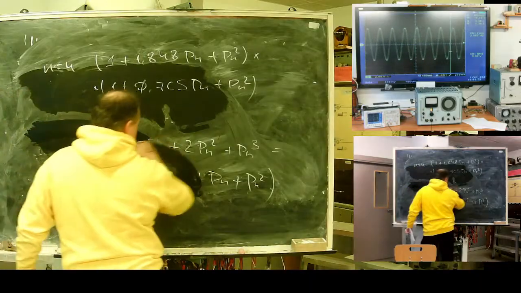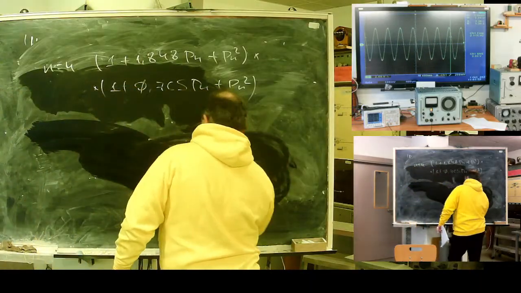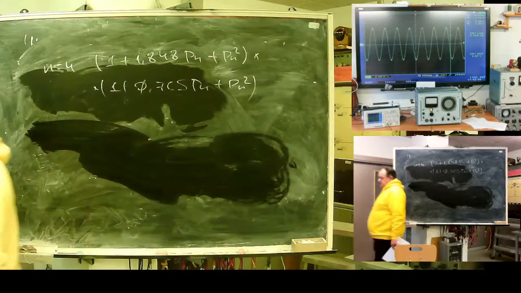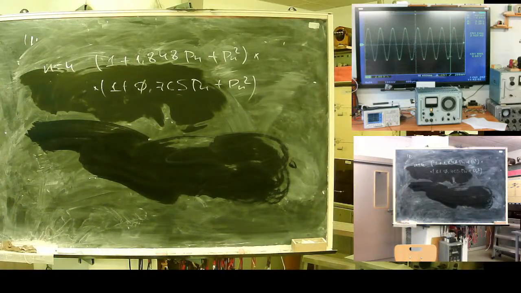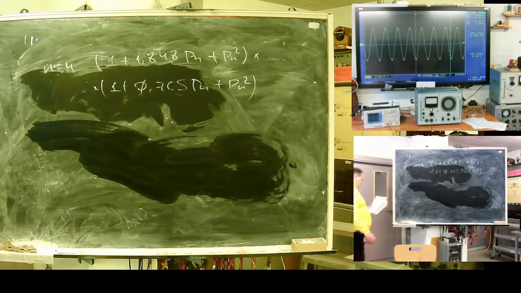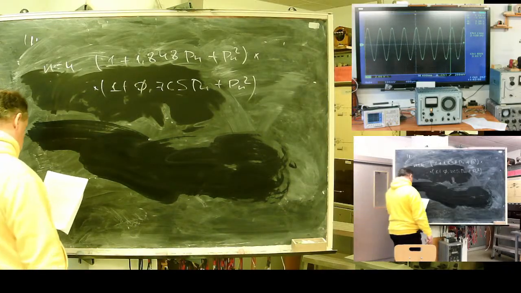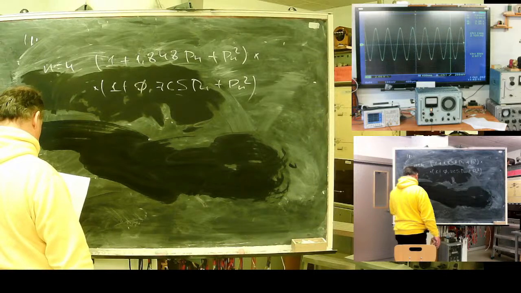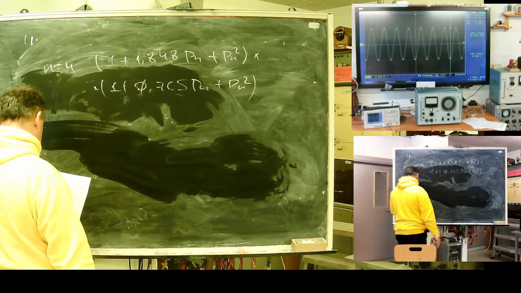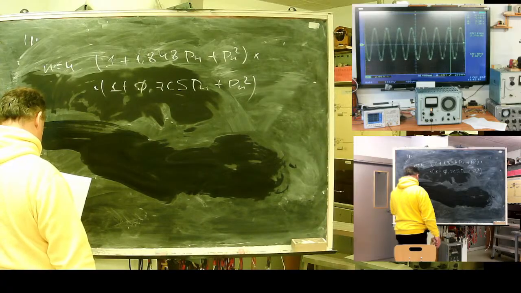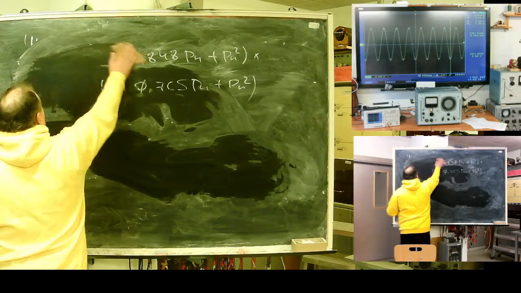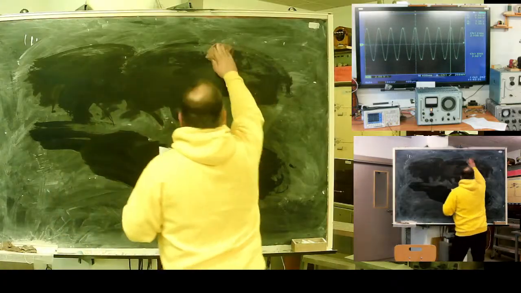Actual poles of the transfer characteristic we can get in closed form. It's not a giant problem.